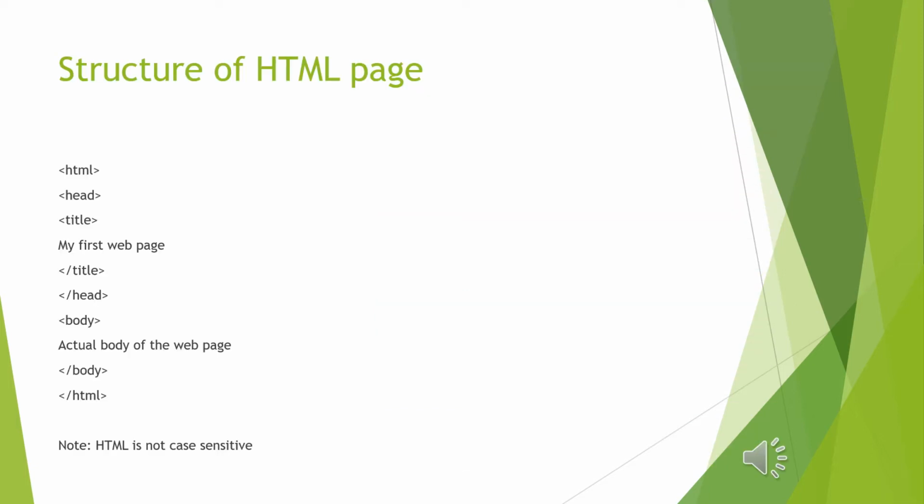Before we start understanding what the tags actually are and how they are used, I am going to show you the basic structure of an HTML web page that you are going to design. Here, the first and the last tag of any HTML page should start with the HTML tag and end with the end HTML tag.